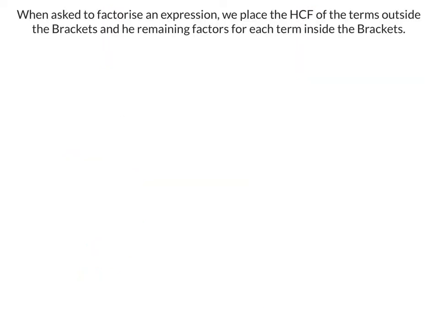So sometimes, instead of just finding the highest common factor of some terms, we'll be asked to actually factorize an expression. In order to do this, we place our highest common factor of the terms on the outside of the brackets, and the remaining factors that are left over for each term inside the brackets. Again, this sounds confusing, but let's do an example and you'll see that it's actually not that confusing. So let's say we want to factorize 2x plus 6.